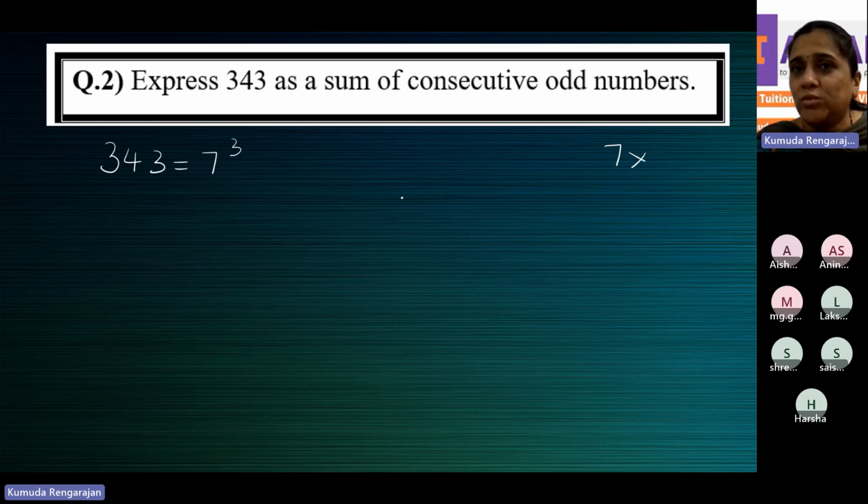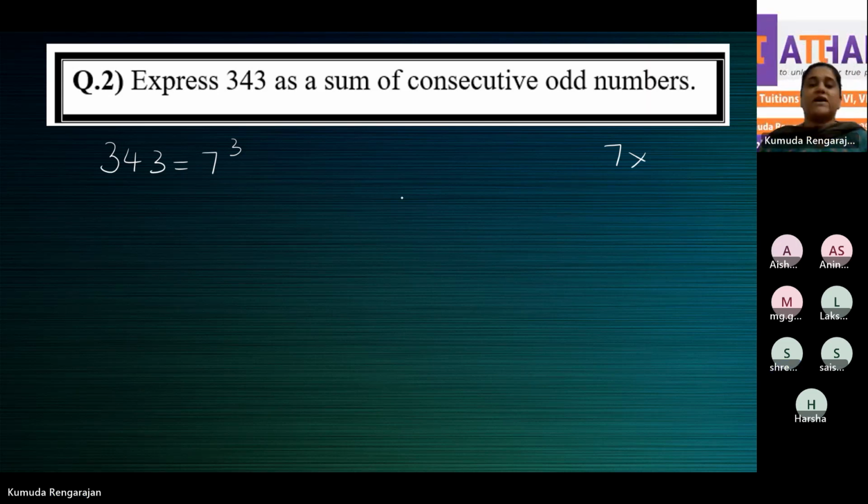Like 1 cubed is 1, 2 cubed 8, 3 cubed 27, 4 cubed 64, 5 cubed 125, 6 cubed 216, 7 cubed 343, 8 cubed 512, 9 cubed 729, 10 cubed 1000. So if you remember these numbers, then you will identify.